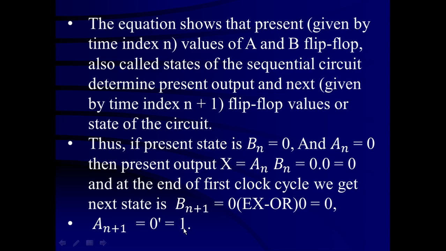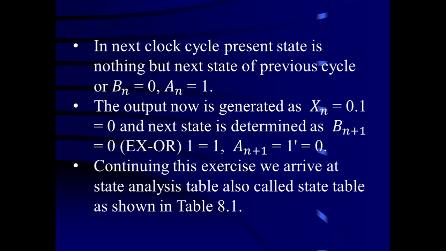So after the first clock pulse, we get the next output of the second flip-flop, Bn plus 1, to be 0 and the first flip-flop, An plus 1, to be 1. Now this output becomes the present output before the second clock pulse. In the next clock cycle, the present state is nothing but the next state of the previous cycle.